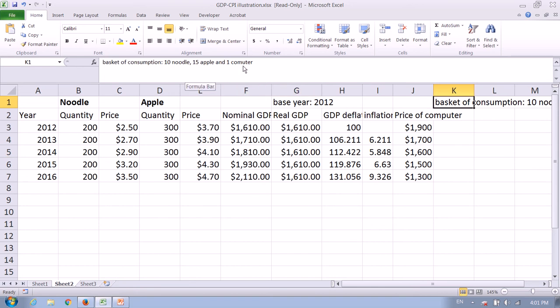So let's calculate the cost of this basket. The first step of calculating CPI is to determine the basket, and let's assume it's 10 noodles, 15 apples, and 1 computer.